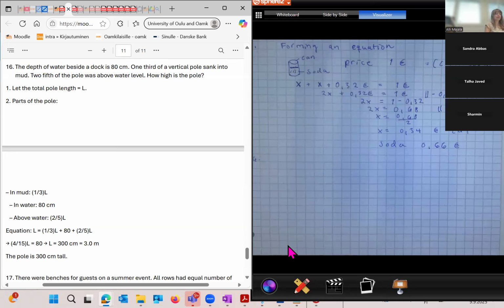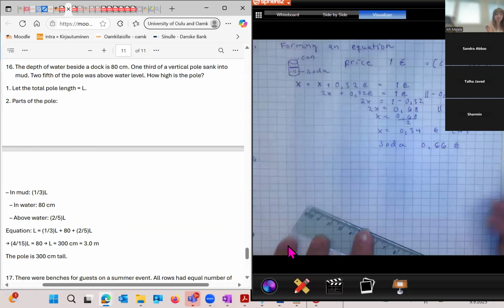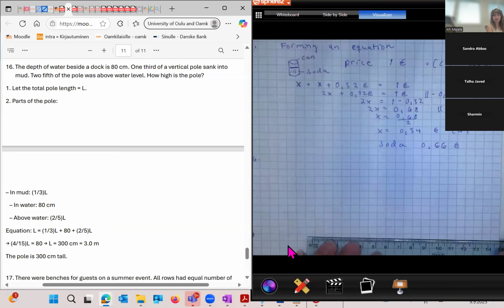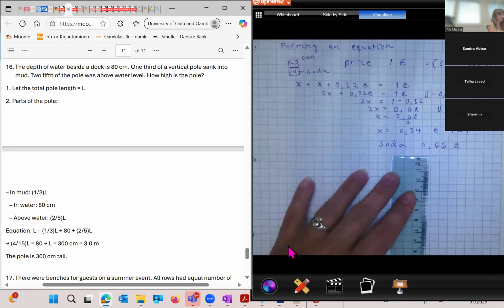How about this exercise? Is it easy to form the equations, basically? Makes sense. So you can also draw it if it helps. Beside the dog you put some pole.